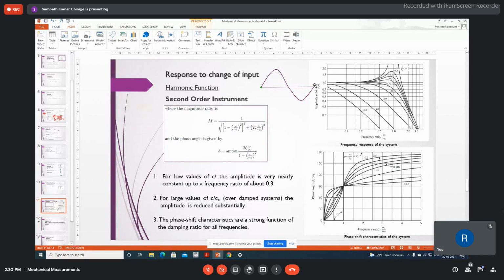Whether there will be any distortion in the amplitude, any reduction in the amplitude, or any phase shift. So these factors will define your measurement system.